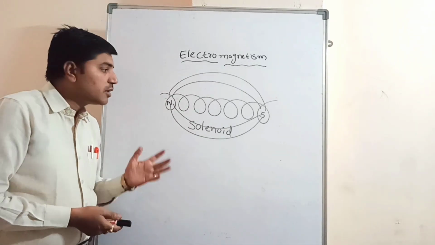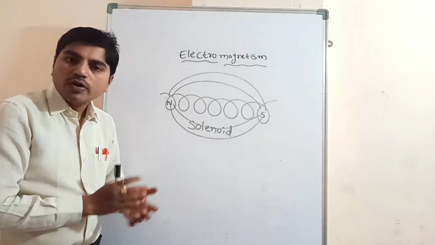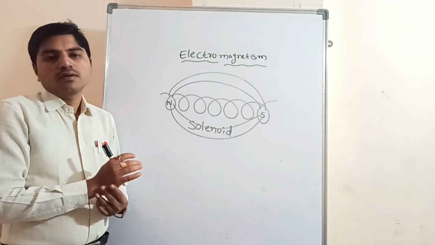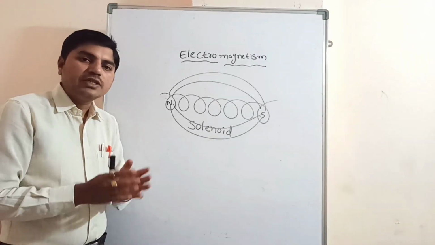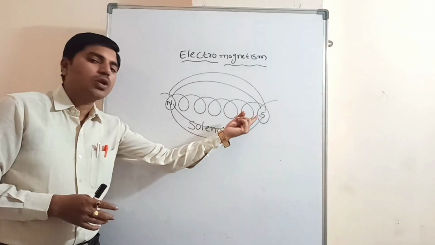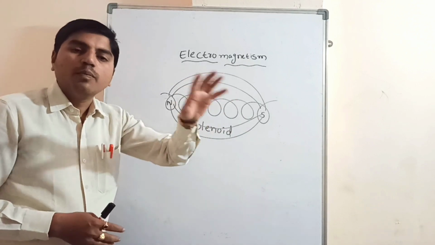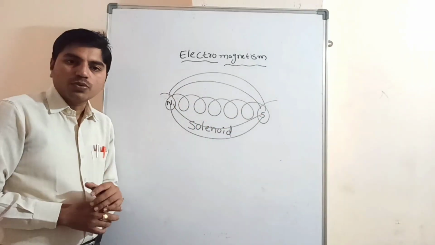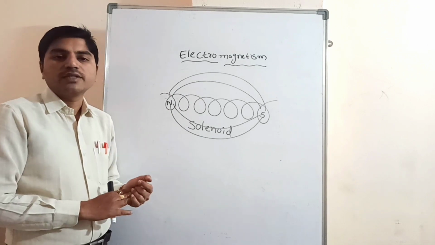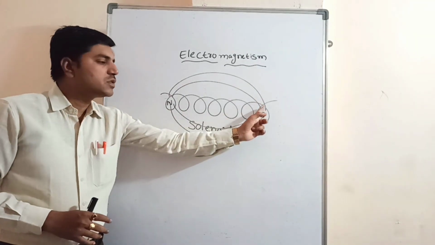But what about inside the solenoid? Yes, the direction changes. Inside the solenoid, the direction of the magnetic field lines is south pole to north pole. Outside, it shows north pole to south pole.